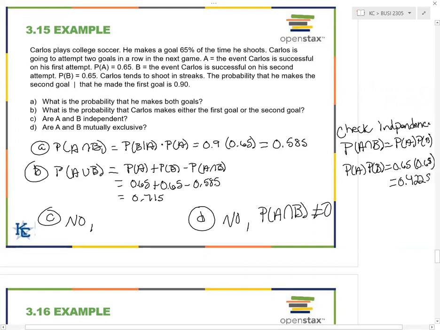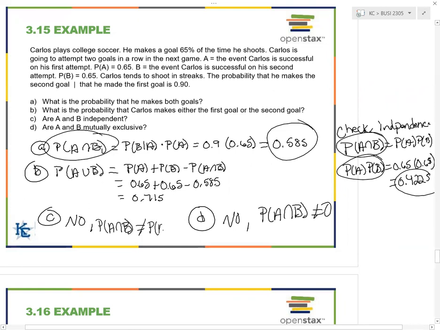And 0.4225 does not equal 0.585. So the answer is no, because the probability of A intersect B does not equal the probability of A times the probability of B.